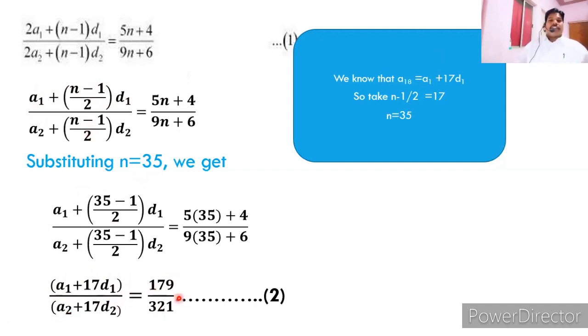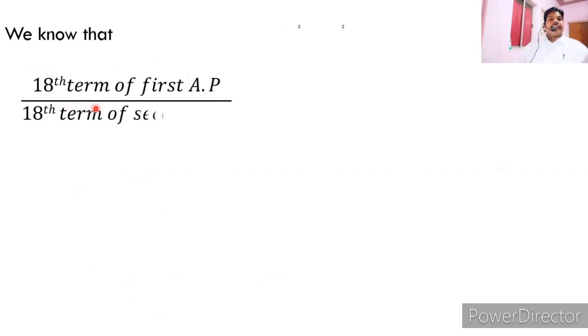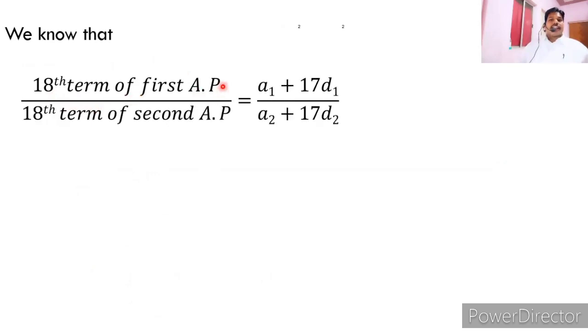After getting this, take that as equation number 2. So we know the formulas here. The 18th term of the first arithmetic progression is a1 plus 17 into d1. Next, the 18th term of the second arithmetic progression is a2 plus 17 into d2.